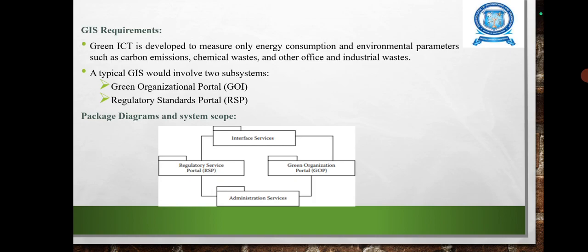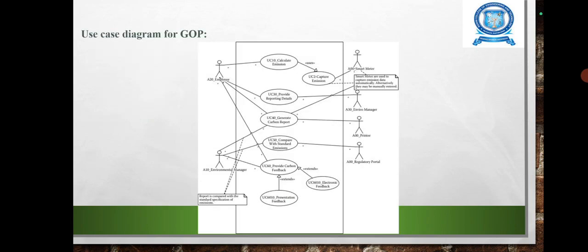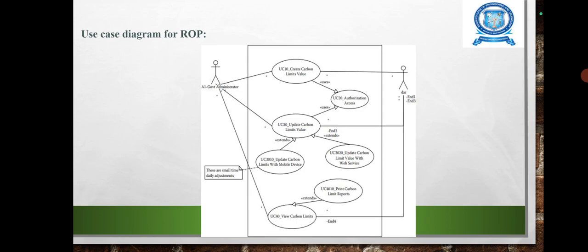Next, we are going to see some examples of the different UML diagrams. First one is the use case diagram. It shows the use cases and their relationships, some of the use cases that should be documented in subsequent sections. The next one is ROP.